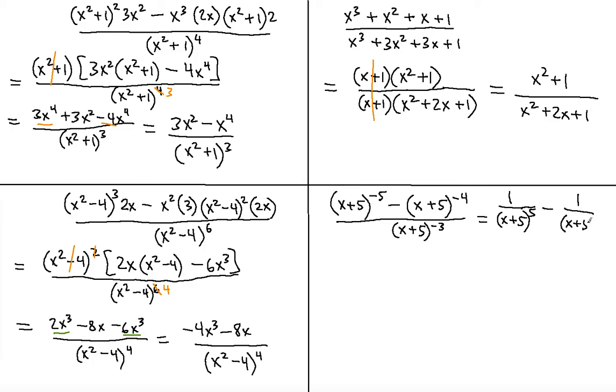So x plus 5 to the power of 4, divided by, now we're going to flip this, 1 over x plus 5 raised to the 3rd power. Okay. So now that we have that, let's continue work.